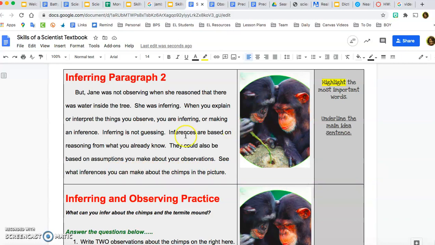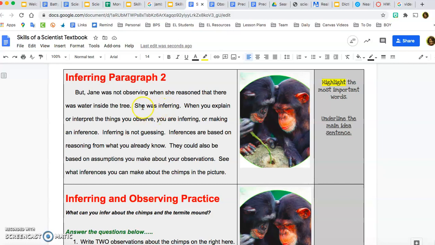Okay, before we do that, let's pause. Let's talk about what we just read. It says Jane was not observing when she reasoned that there was water in the tree. That's because Jane was not seeing the water in the tree. She couldn't see in the hole. She only observed the water on the stick and the leaves when the chimp pulled them out. So she made an inference that there was water in the tree.